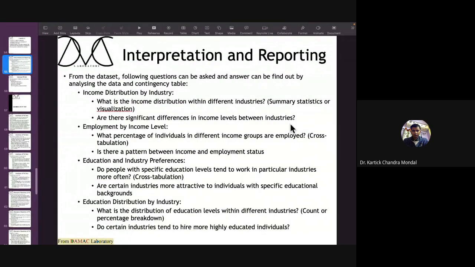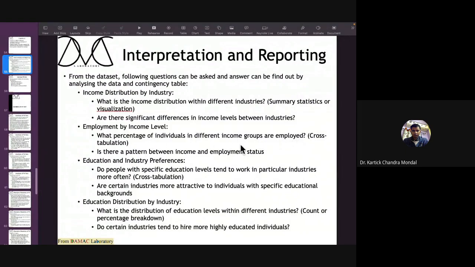Okay. Now coming to the next one, that is employment by income level. What percentage of individuals in different income groups are employed? So like high, medium and low income group, what percentage of each group has employment?